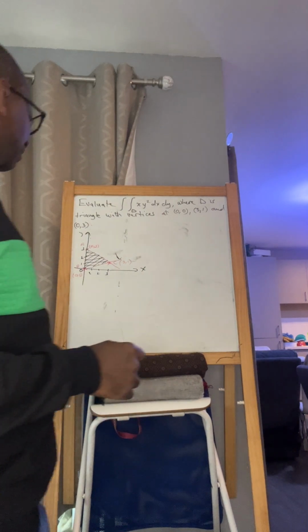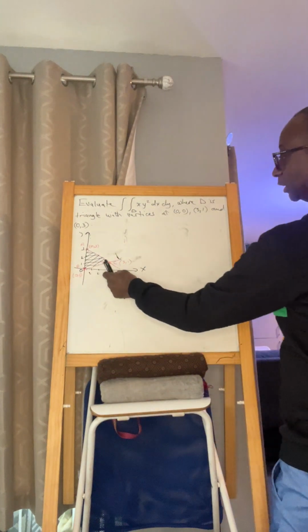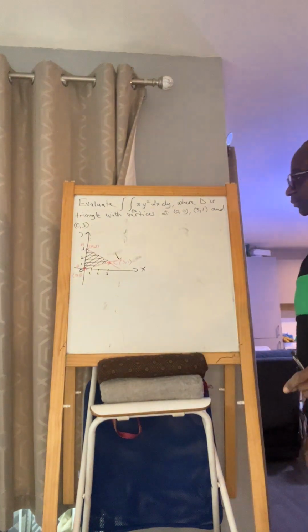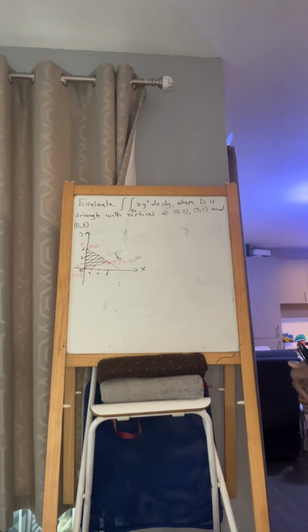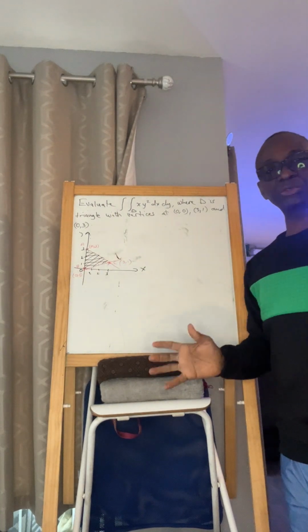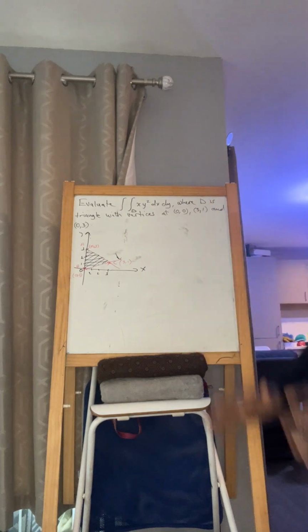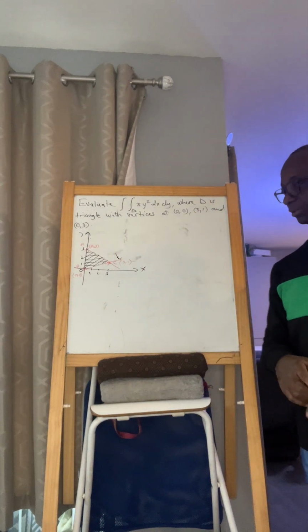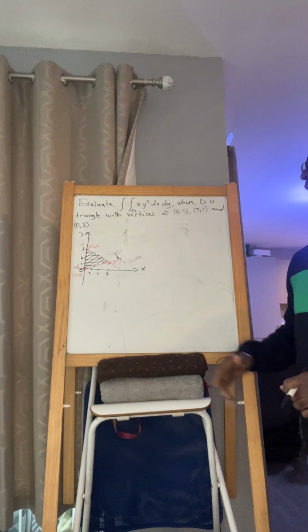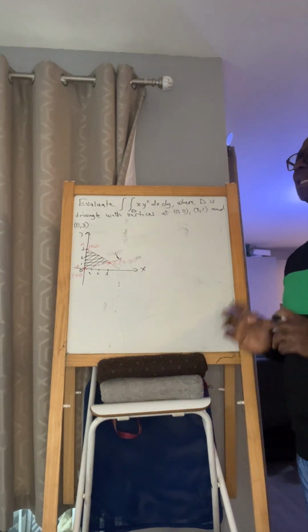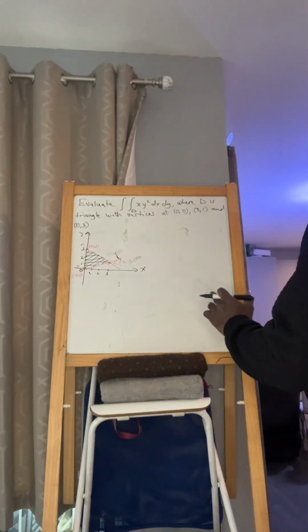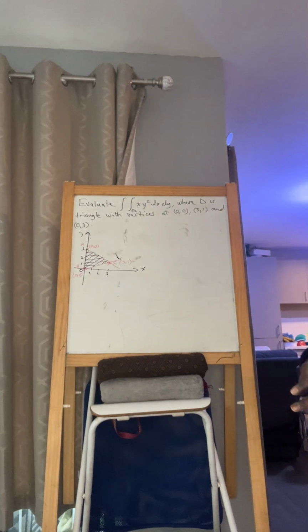Another method is, since we have 2 equations here, 2 lines to say, you divide this triangle into 2 and you add up together. So let's start with this second one. We'll divide the triangle into 2, and then sum up together and find the integral of the whole triangle.